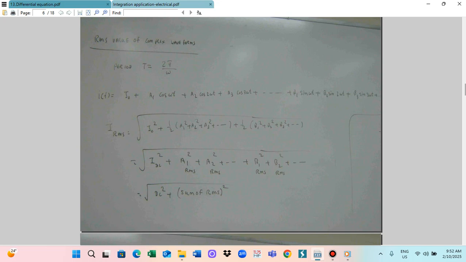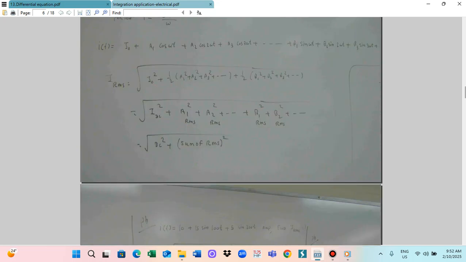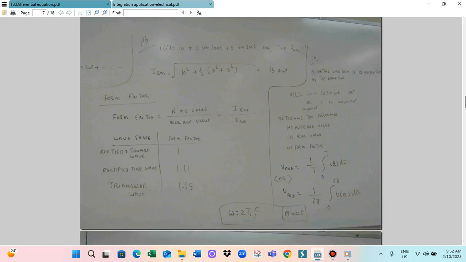Based on this principle, we will solve one problem. The current is given: i(t) is equal to 10 plus 15 sin 100t plus 5 sin 200t amperes.